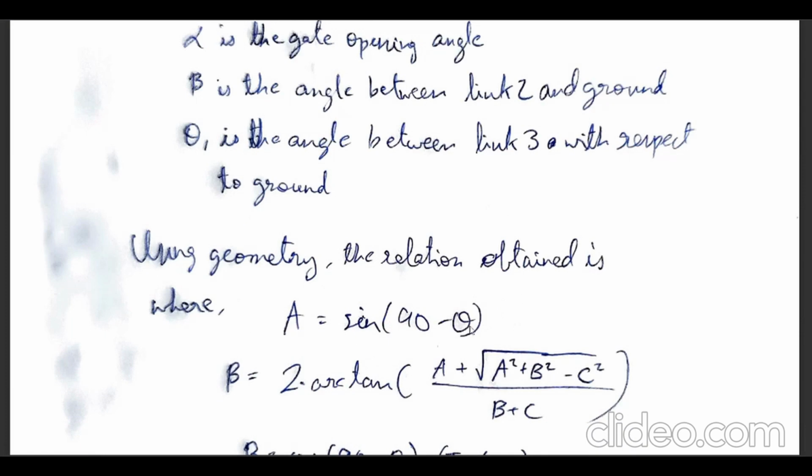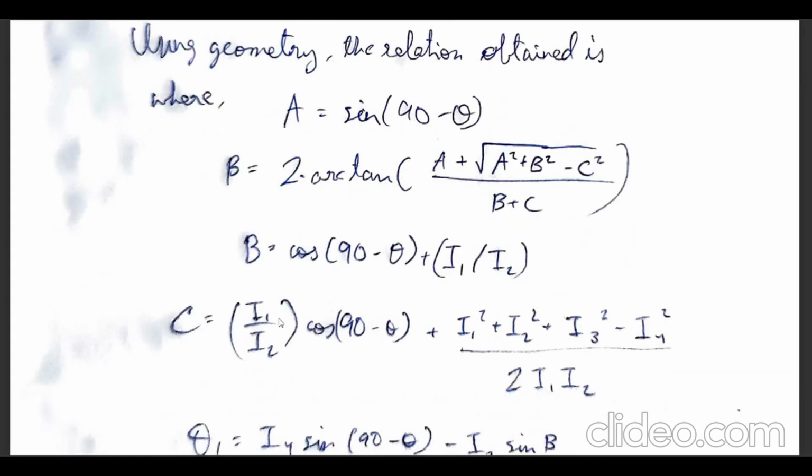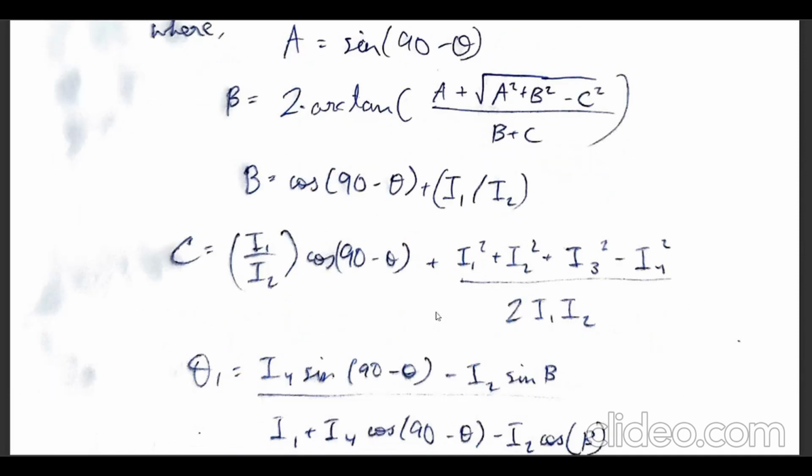Similarly, B is this, and we get a relationship for beta equals 2 arctan of A plus the square root of A square plus B square minus C square, upon B plus C, and we put these values in, and from there we can get these values. C equals L1 by 2 into cos 90 minus theta plus L1 square plus L2 square plus L3 square minus L4 square upon 2 L1 L2, which we get from here.